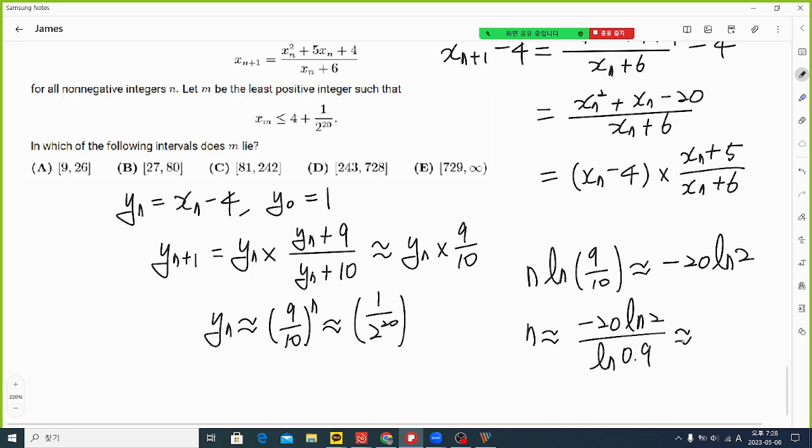Can you find this value using a calculator? Yes.